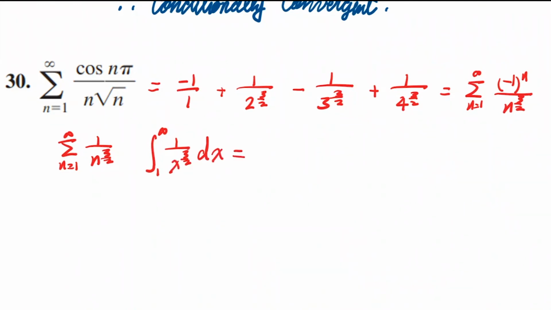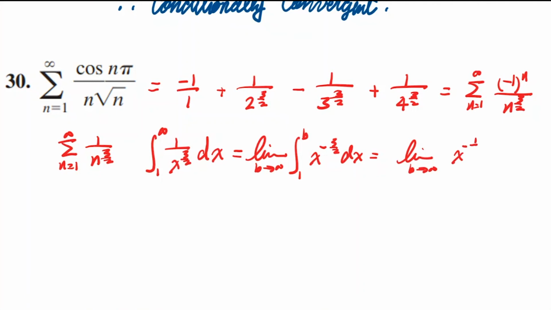Okay? That, of course, is the limit as b approaches infinity of the integral from 1 to b of x to the -3/2, right? And that is equal to the limit as b approaches infinity of x to the -1/2 power, therefore -2. I'm going to take -2 out here. I regret that decision. I'm just going to take 2 out here and then write negative.